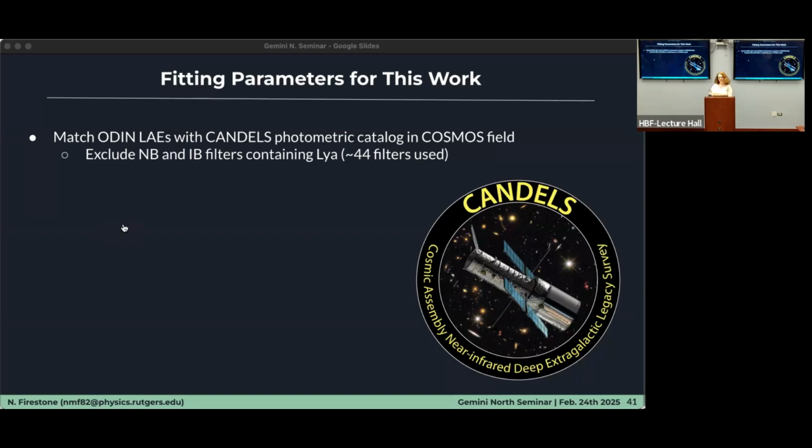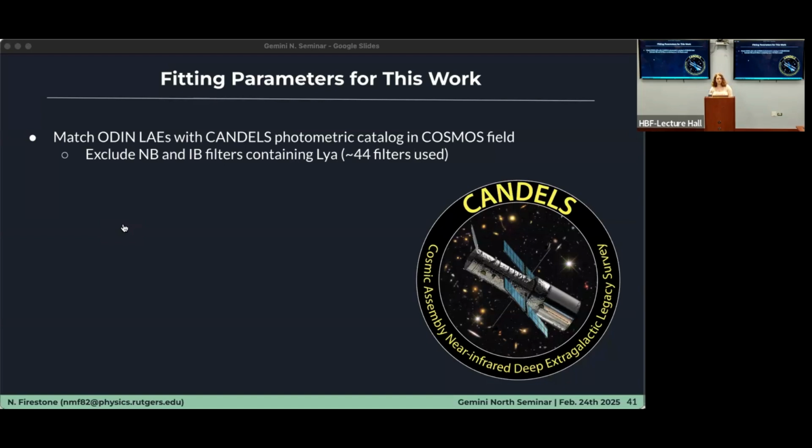So then we perform our SED fitting, and in this process, we remove any narrowband or intermediate bands that contain Lyman alpha. Now, this may seem incredibly unintuitive based on everything I've been talking about, but I've alluded a couple times to the fact that we don't really understand Lyman alpha radiative transfer, so it would almost be misleading to include these filters in our analysis, so we remove them for now.